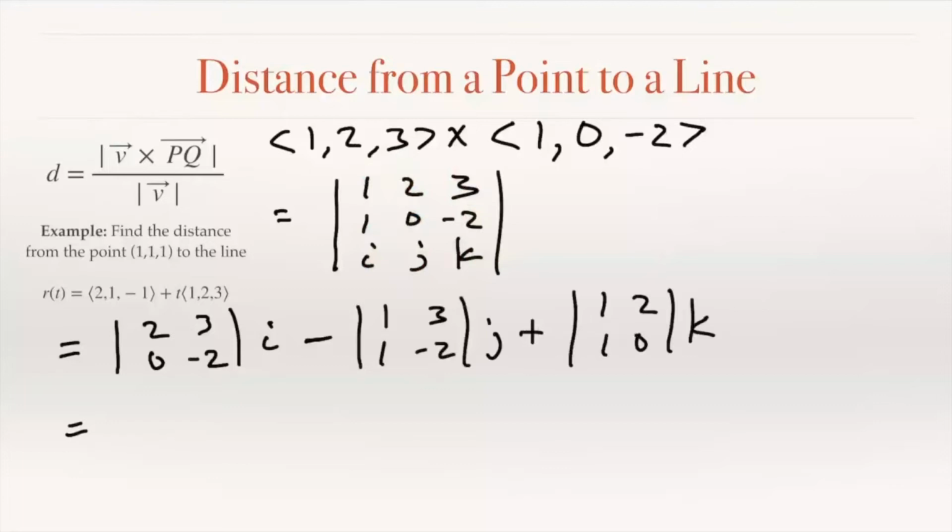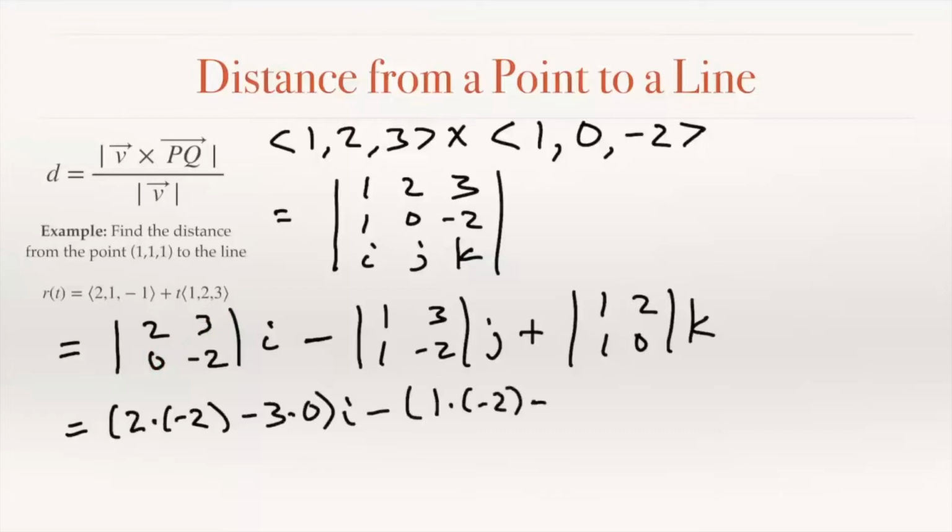Now the determinant of a 2 by 2 is the product of the main diagonal minus the product of the other diagonal. So that's (2 times -2 minus 3 times 0) i, minus (1 times -2 minus 3 times 1) j, plus (1 times 0 minus 2 times 1) k.